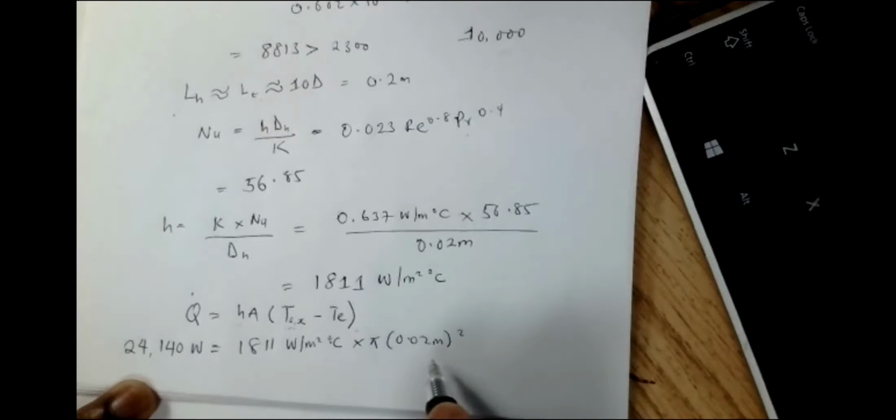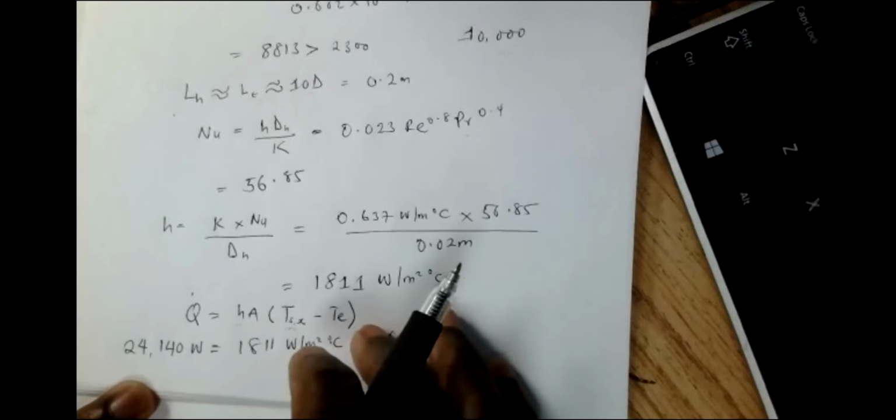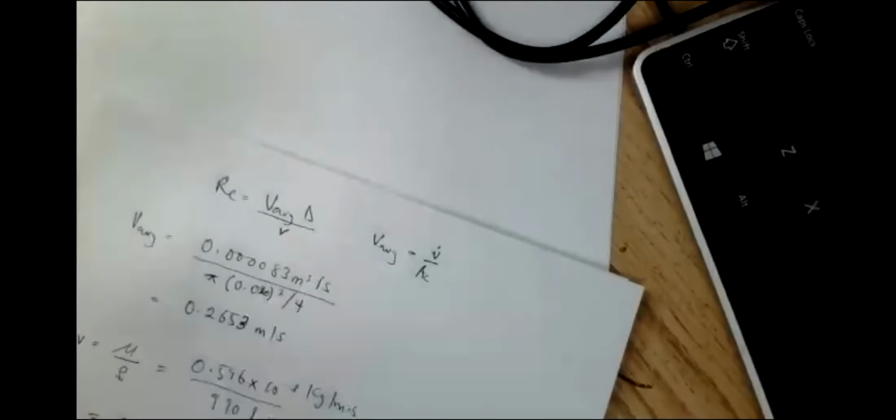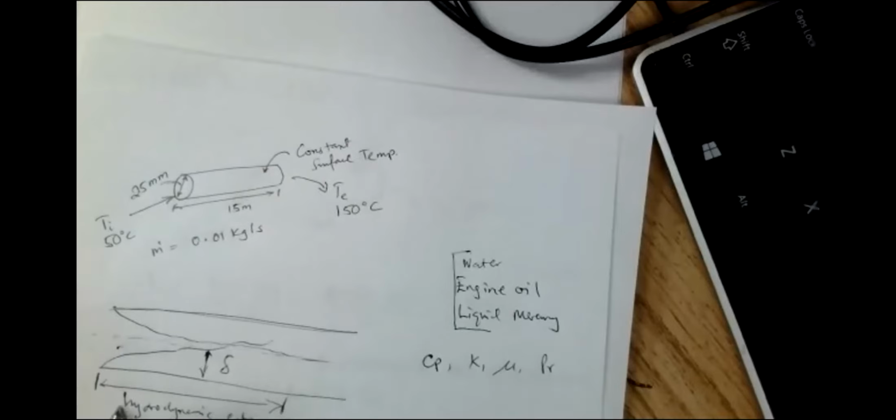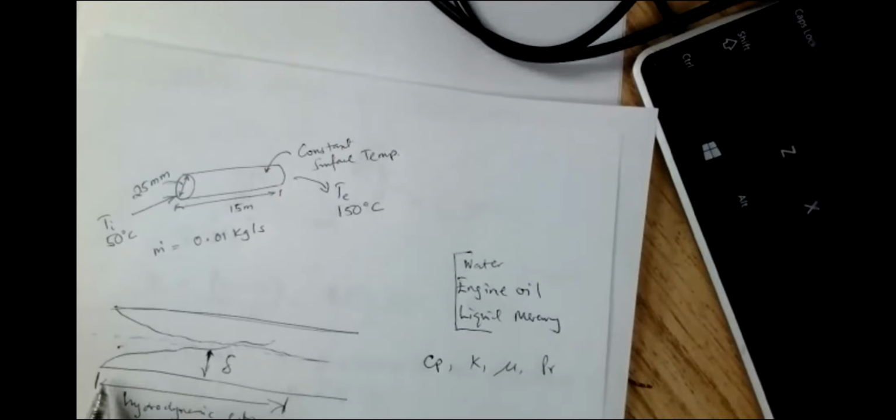Oh, hold on, I'm just going to compute. So the distance, remember when I said the hydrodynamic length is the point of entry to the point where, in this case, the flow is fully developed.